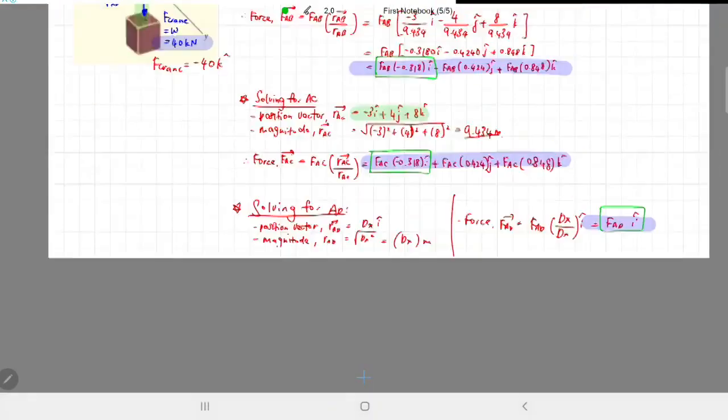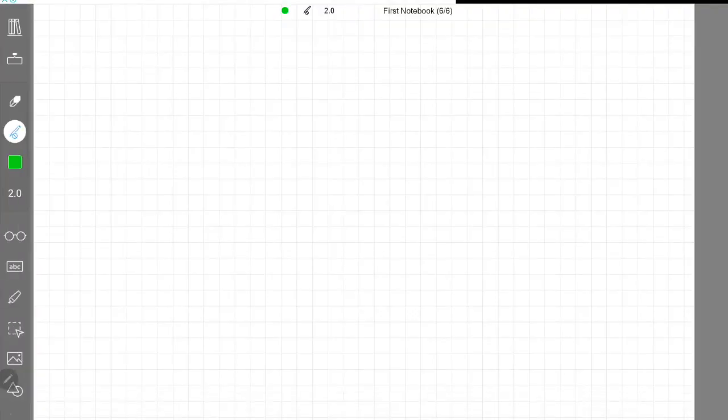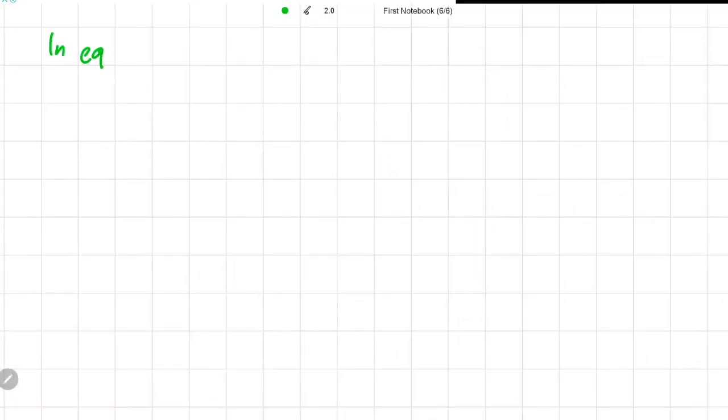Sebab tak muat, I'm going to continue my jalan kerja in a new sheet. Okay, so in equilibrium, assuming that the rightward direction is positive, so we have to make sure that summation of all forces in x direction should be equivalent to 0.